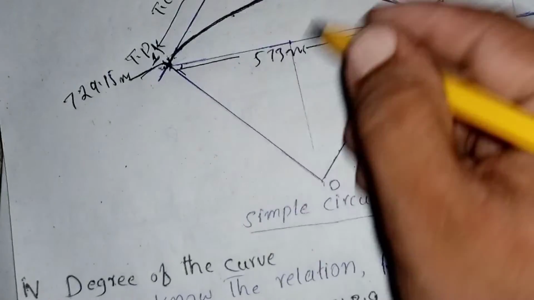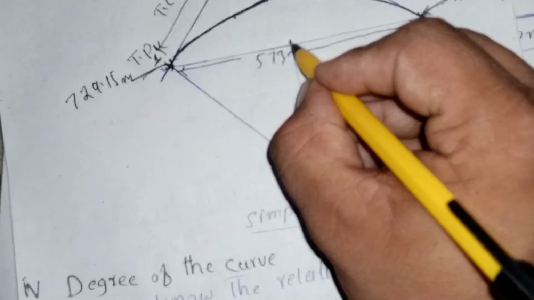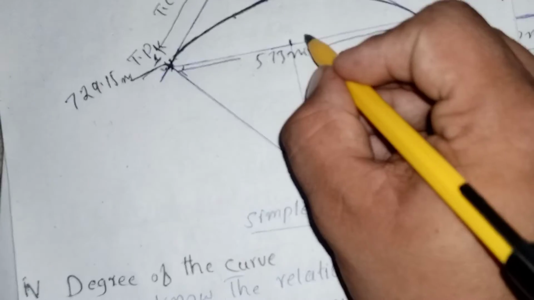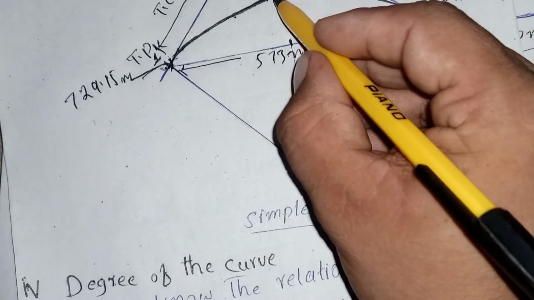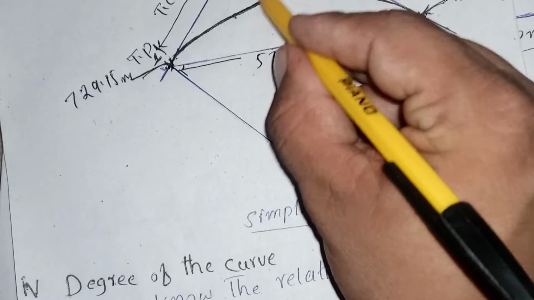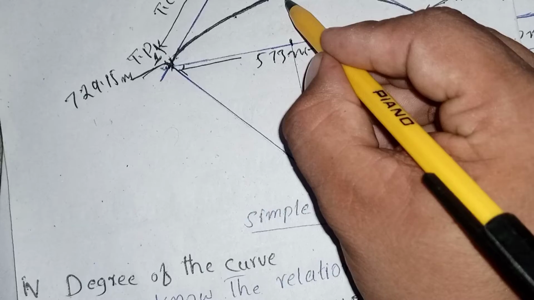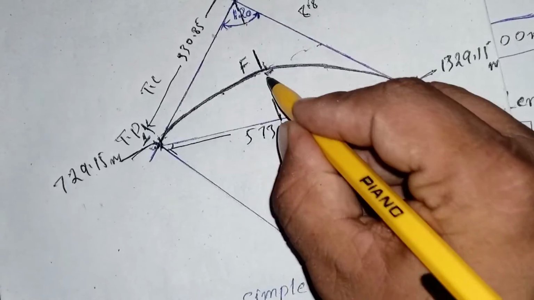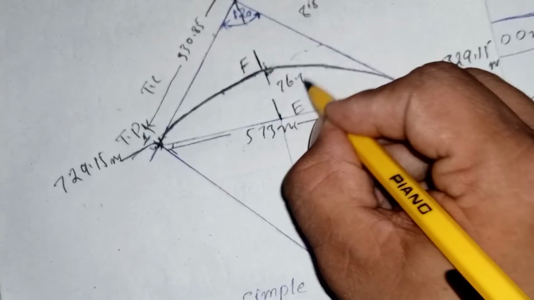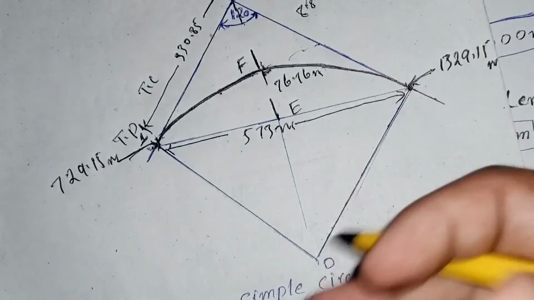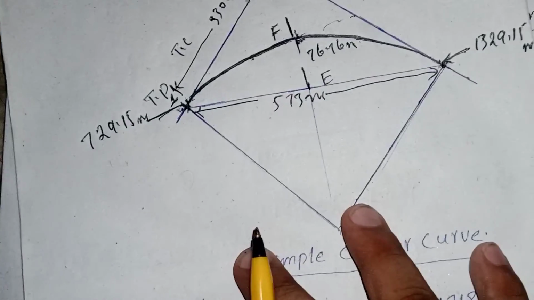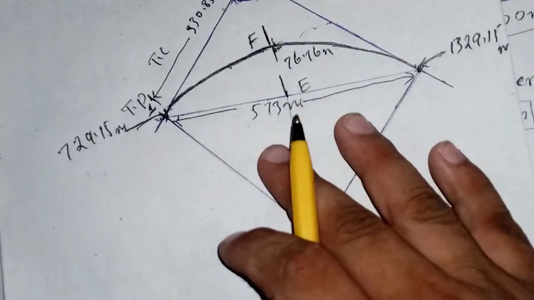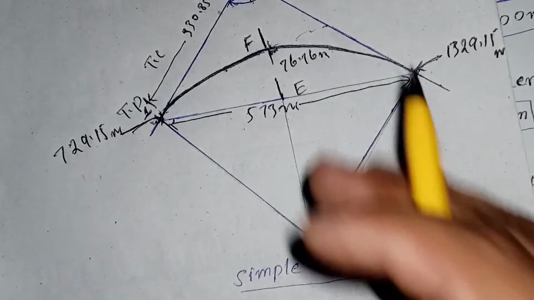Suppose this is the midpoint of the chord, denoted by E, and this is the other point, denoted by F. The length from this point to this point is equal to 76.76 meter, which is called the versine. I hope you have cleared your concept about all this calculation for setting out a curve. We will bring the next videos. Thank you.